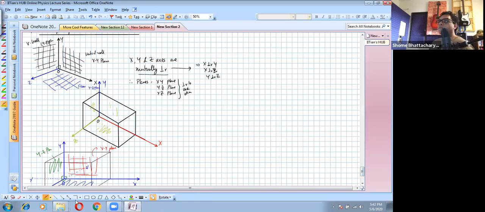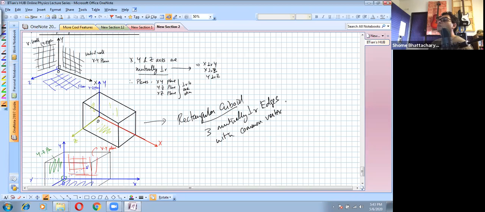So conceptually, what we've done here is that this is a rectangular cuboid and three mutually perpendicular edges with common vertex O. Those edges are becoming our x, y, and z axes.